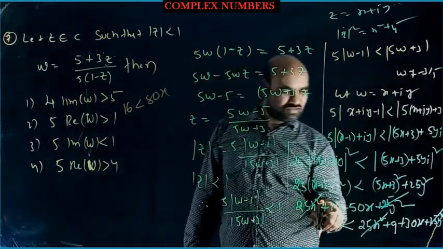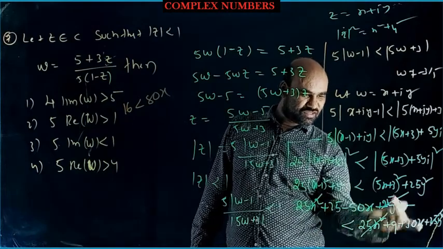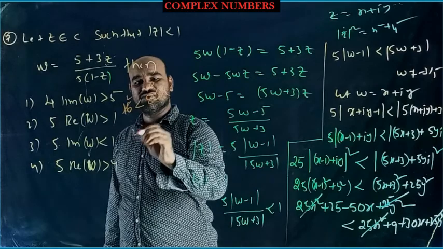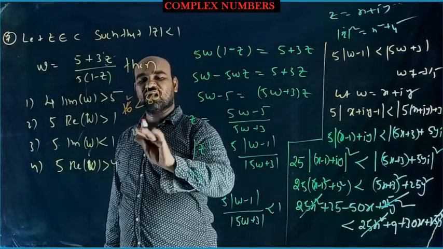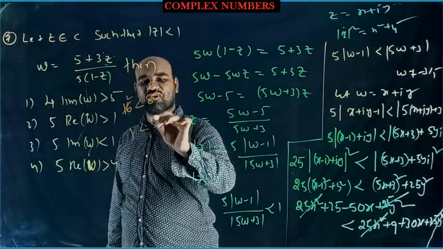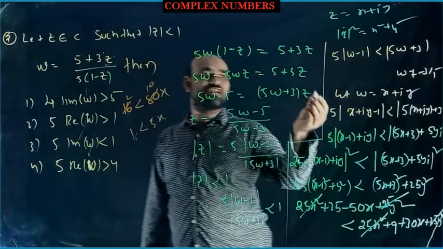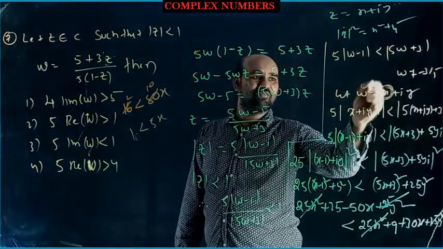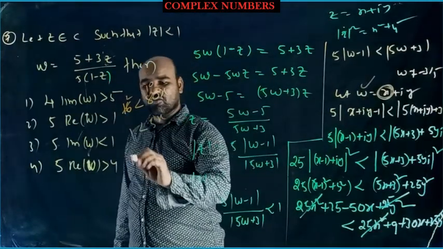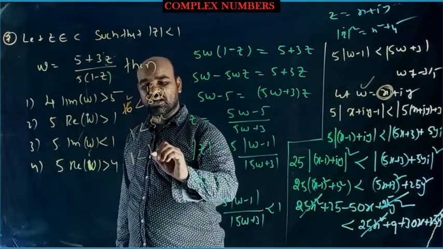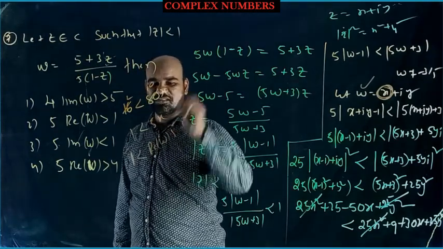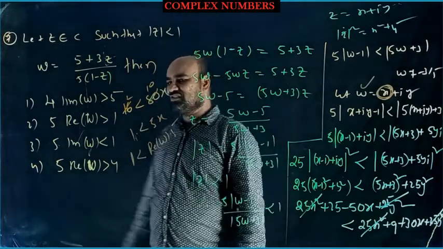Observe here: 16 is less than 80x, so finally 1 is less than 5x. Here what does x stand for? X stands for the real part of omega. That is why 1 is less than real part of omega into 5. What is the meaning of this?